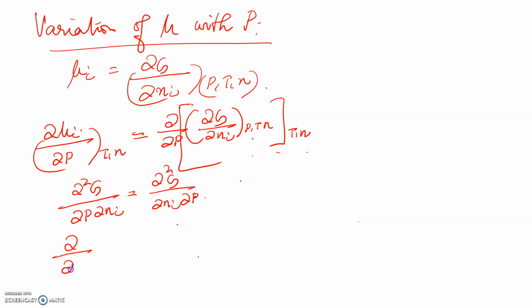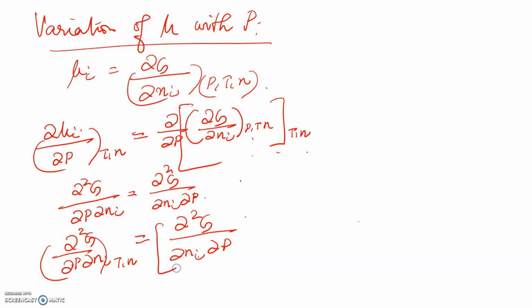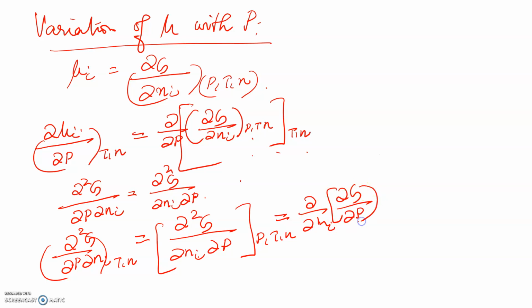Dou by dou P, that is dou squared G by dou P dou Ni at constant T and N, is equal to dou squared G by dou Ni dou P at constant pressure, temperature and number of moles. This can be written as dou by dou Ni of dou G by dou P at constant pressure, temperature and N.